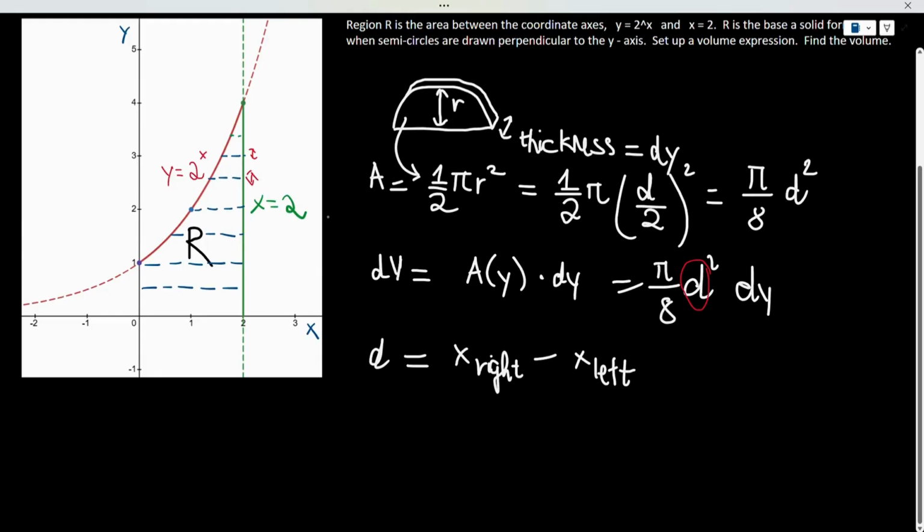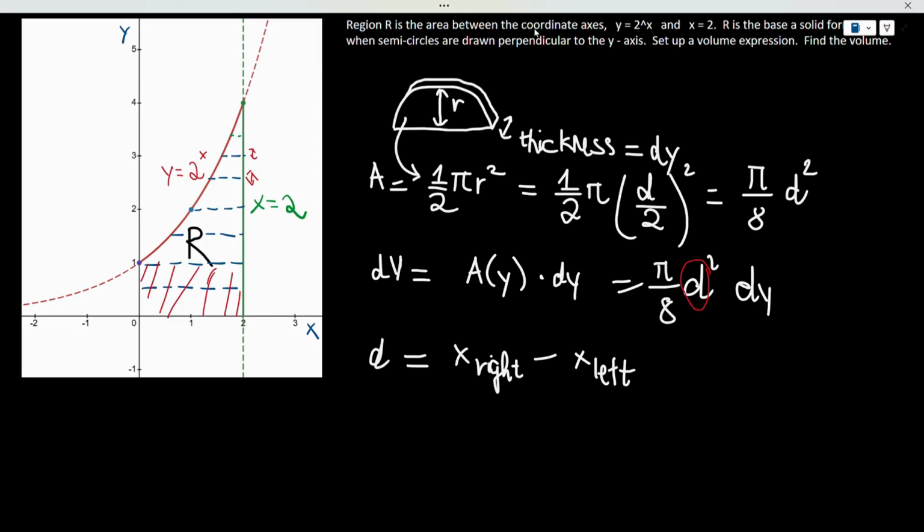So in this particular shape, in the region R, we have two different diameters. The first region, from 0 to 1, the diameter is always the same, which is 2.